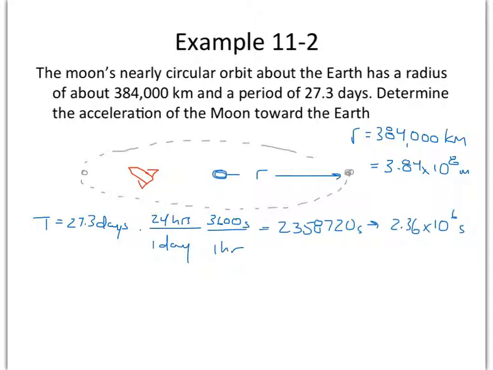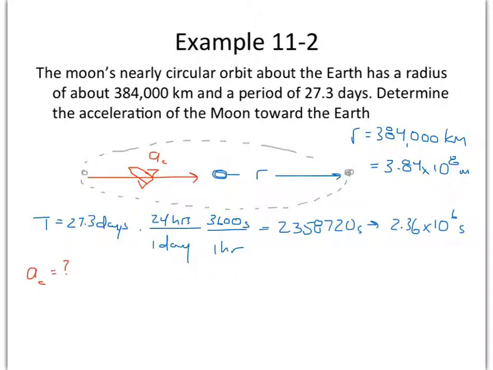And so what we're going to be calculating is the acceleration that the moon experiences towards the Earth, even at that great distance, at 384,000 kilometers. So what is that centripetal acceleration?